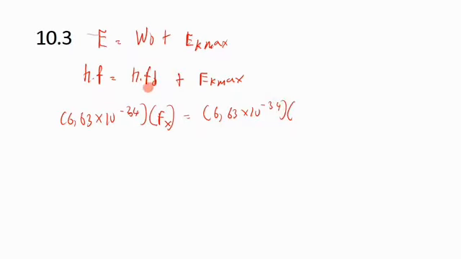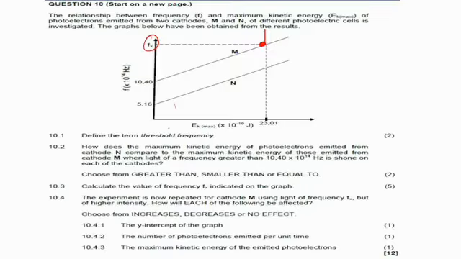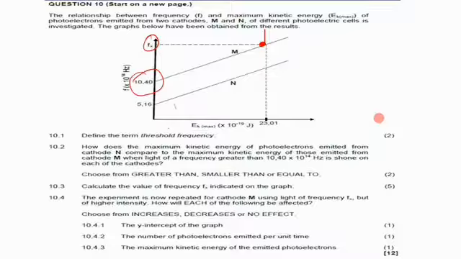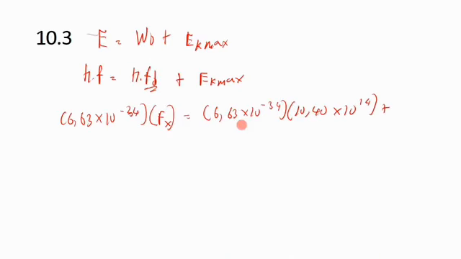Our threshold frequency, meant to say our threshold frequency. Let's go back here. You can see that our threshold frequency for M is 10.40, so it's 10.40 times 10 to the exponent of 14, and then plus the EK max, which we can see that we are given, it reads here 23.01 times 10 to the exponent of negative 19.